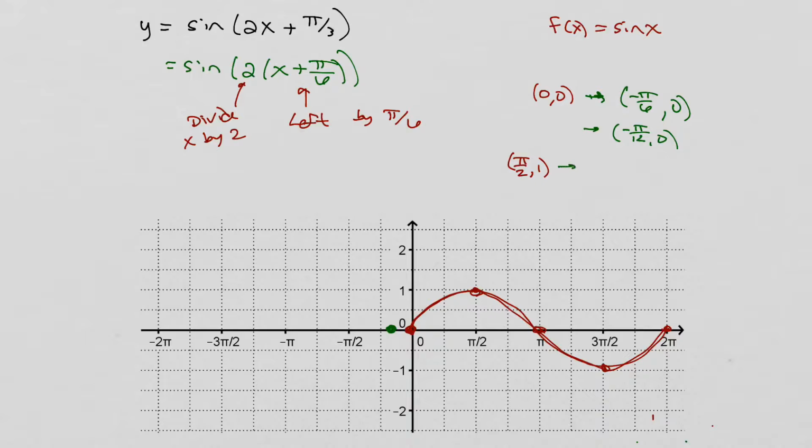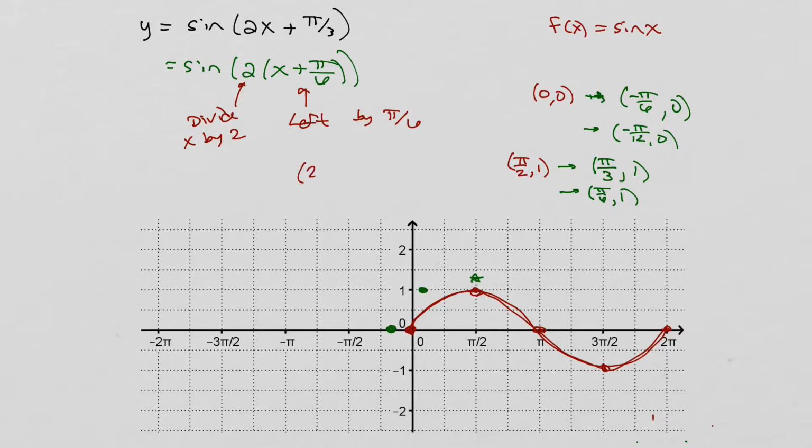If we move it left by pi over 6, that's 3 pi over 6 minus 1 pi over 6 is 2 pi over 6, which is pi over 3. That's if I move it left by pi over 6, and then I will divide the x value by 2, and that will give me pi over 6 comma 1. So this point, pi over 2 comma 1, that's going to get shifted to pi over 6 comma 1. Okay? And all of these other points are going to get shifted as well.